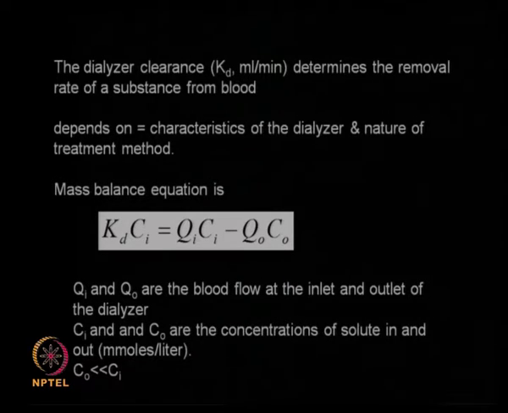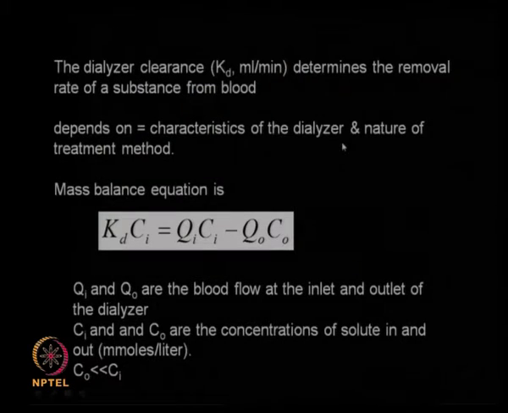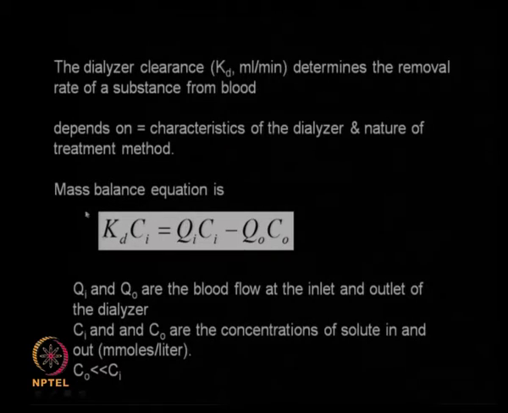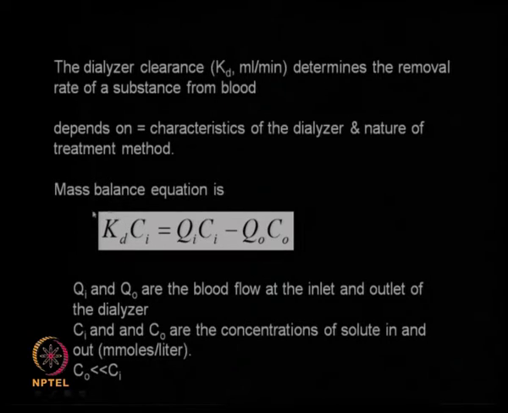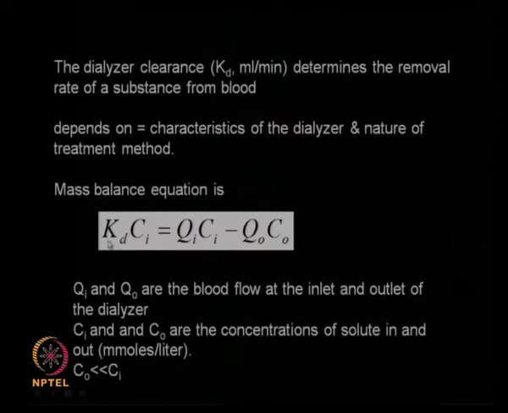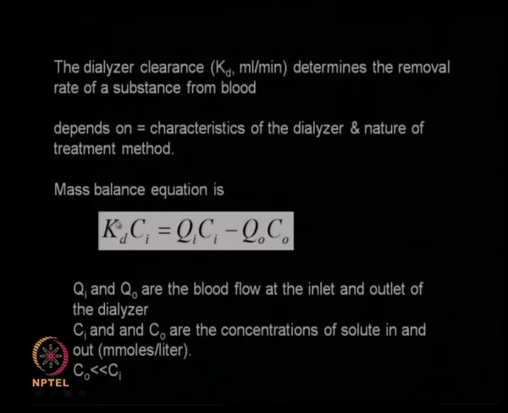Okay. When you say rate of removal, there is always a time factor: per minute, per second, per hour. It depends on many factors, such as the characteristics of the dialyzer and the nature of the treatment. If you look at the mass balance for your particular solute C, you have Kd, that is your clearance, times Ci, the amount of solute that is removed, which is equal to Qi into Ci.